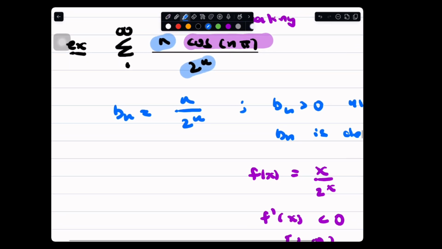You know how I know? The numerator is increasing, but what do we know about the denominator? That's also increasing, but it's exponential. Exponential growth is the fastest growth that we have. So the denominator is increasing fast. The numerator is increasing. What's winning out is the denominator.